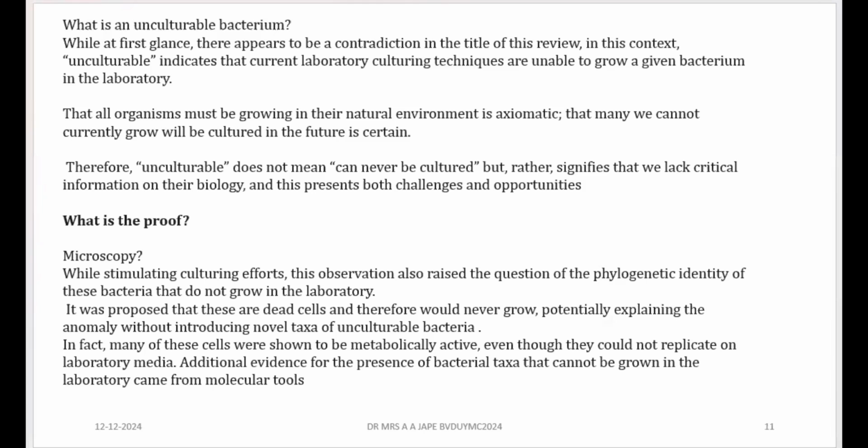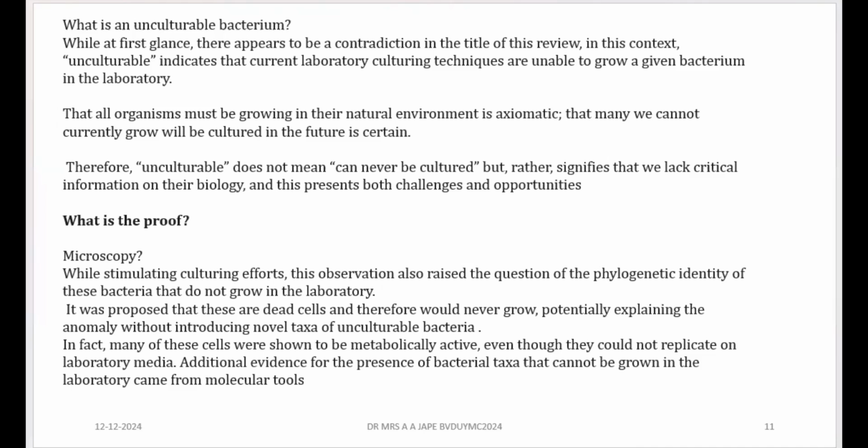If it is dead, then again its DNA is there. It will get amplified in the molecular data. You will get the presence of that DNA and the bacteria responsible for it. So even if you are talking about molecular data, we need to confirm whether it is from a live cell or a dead cell.